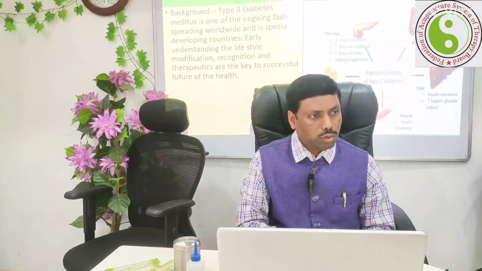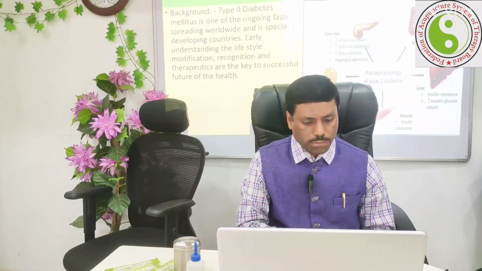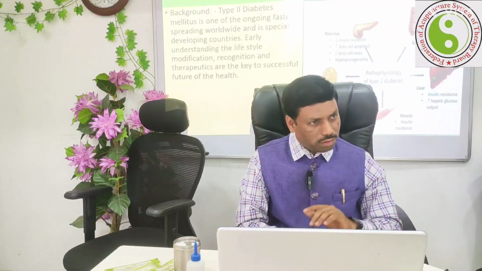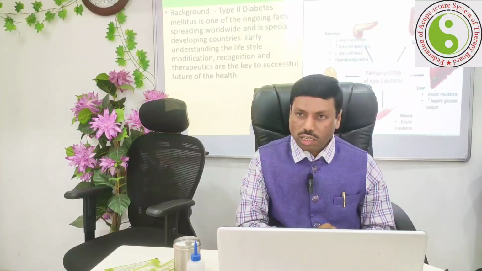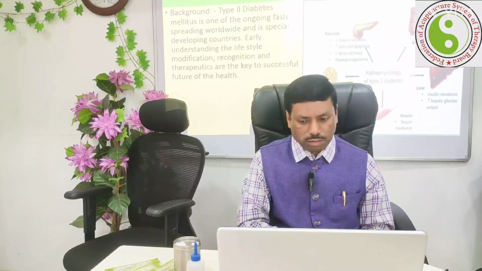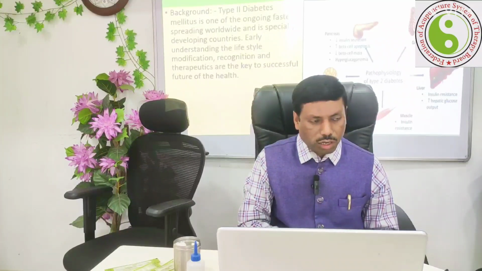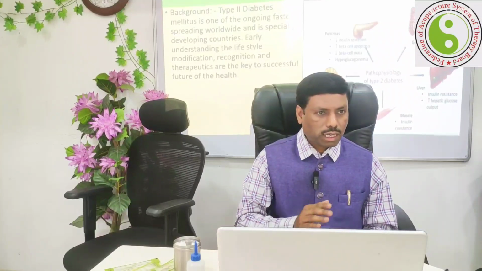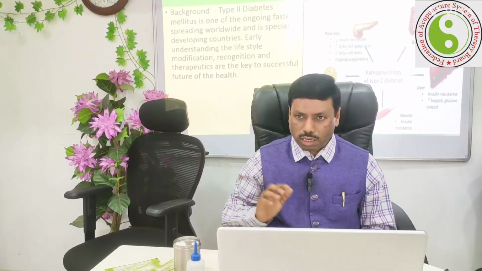Two types of cells exist in the pancreas. One is the alpha cells. The second is known as the beta cells, of the islets of Langerhans of the pancreas.